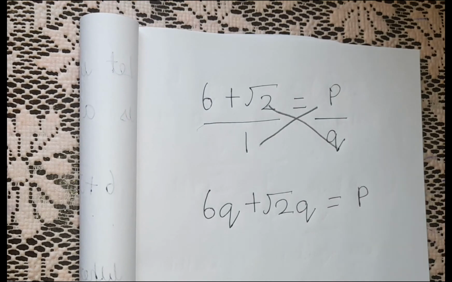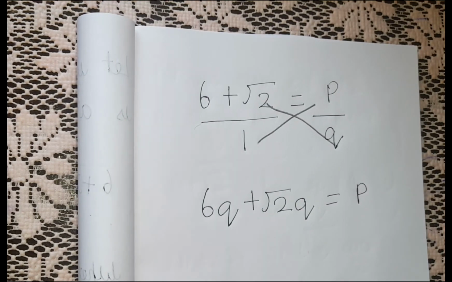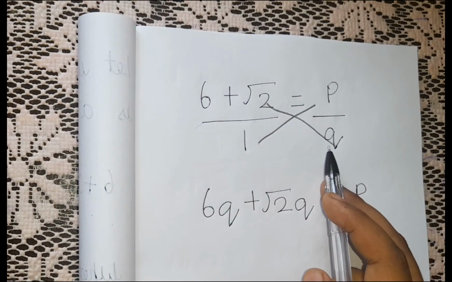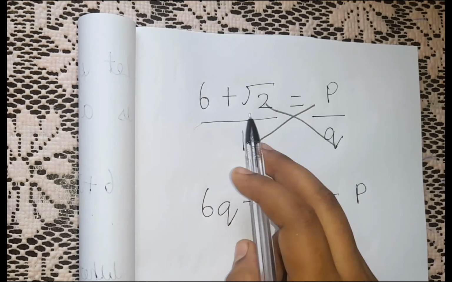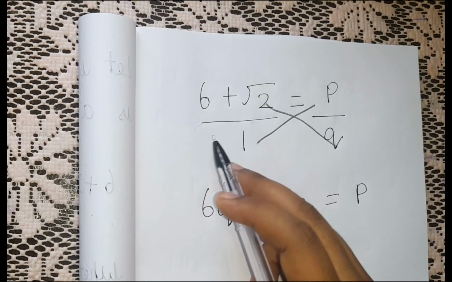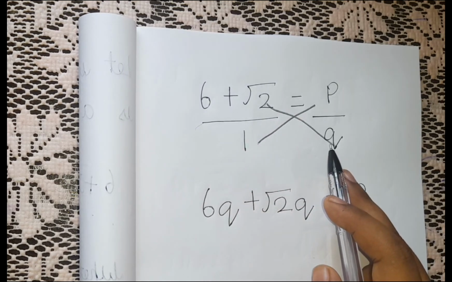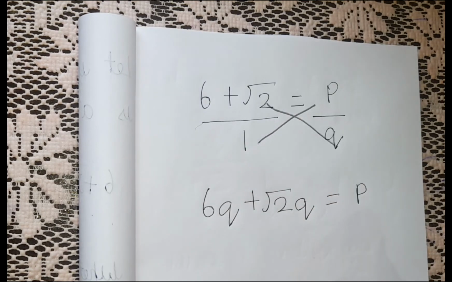You might ask, how is it 6q plus root 2q? That's because we multiply the whole term by q. This q belongs to 6 as well as root 2. That's why we wrote 6q plus root 2q, because we are multiplying it with q.